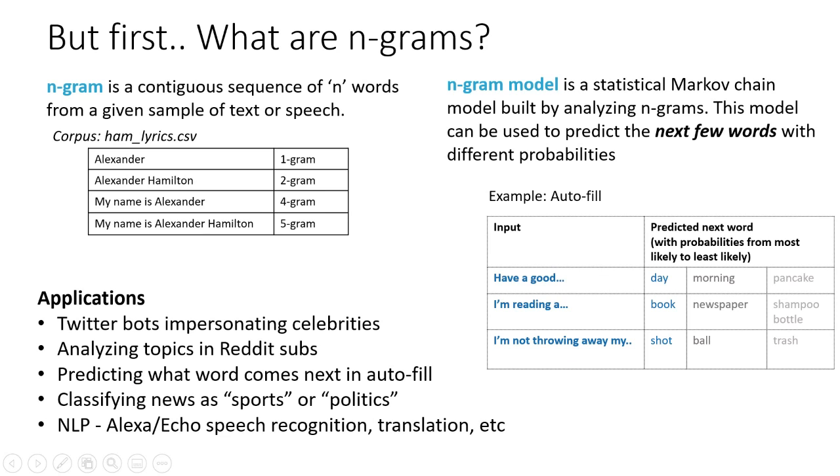So there are a lot of advanced use cases for n-gram modeling, such as Twitter bots, news and document classification, natural language processing, speech recognition, language translation, or even autofill, as I mentioned. What we are going to do is a very simple, basic use case where we extract n-grams from the Hamilton data set, and use something called a babbler to generate our own custom lyrics.